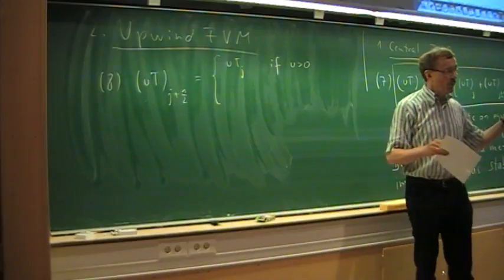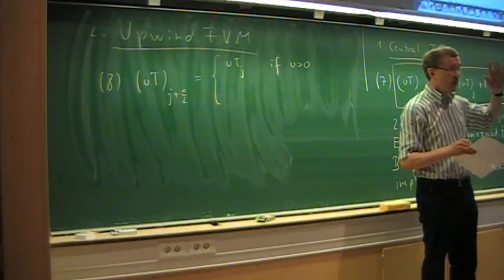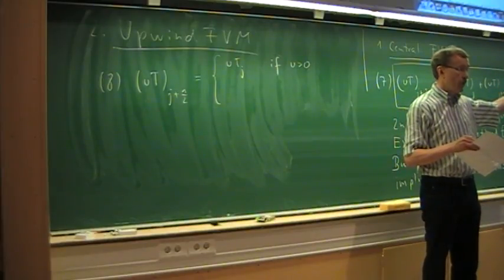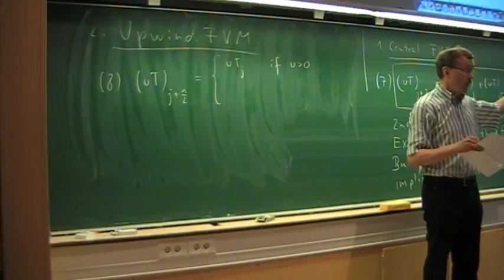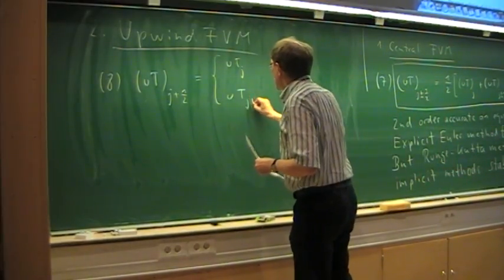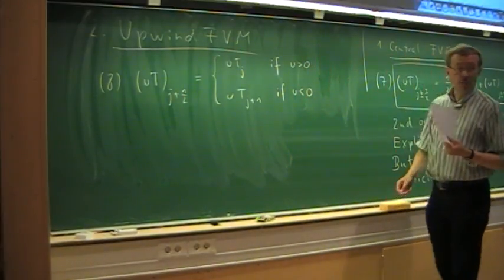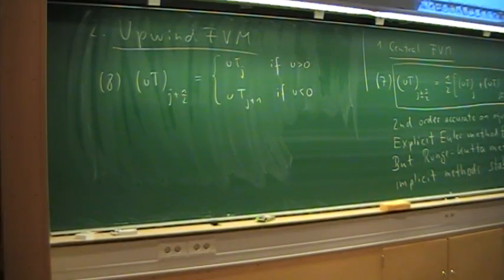If the flow is coming from the right, then we take the value that is coming from the right, which is j plus 1, tj plus 1. So we have to make a choice here. And if u is 0, then the whole thing is 0, then we have no convective flux.